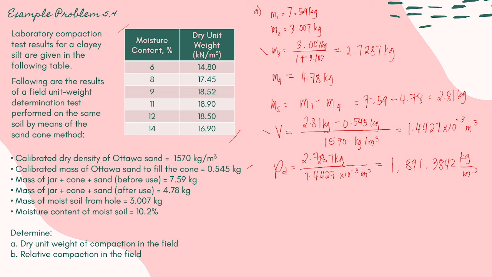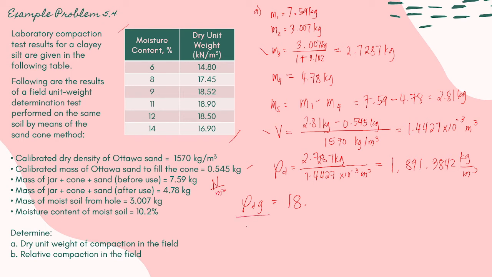But the question asks for the dry unit weight, so we have to multiply this by the acceleration due to gravity, g. So, rho d times g, where g is equal to 9.81 meter per second squared. If you multiply kilograms per cubic meter and meter per second squared, you will arrive at Newton per cubic meter.